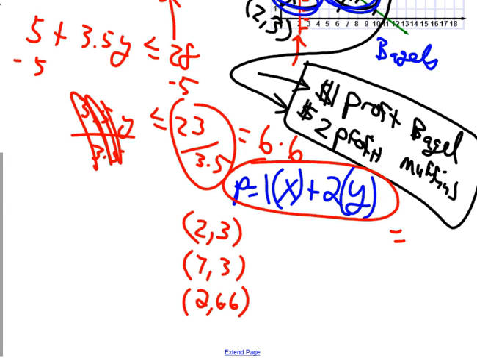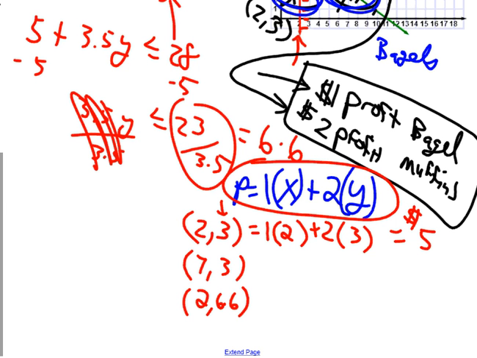Those are the corners. I showed you how to find the corners with the calculator or with algebra. Either one's fine. Once you've got the corners, you take those corners and put them in this equation. For this one, we'd have 1 times x, which is 2, plus 2 times the y, which is 3, makes a total of $5 profit.